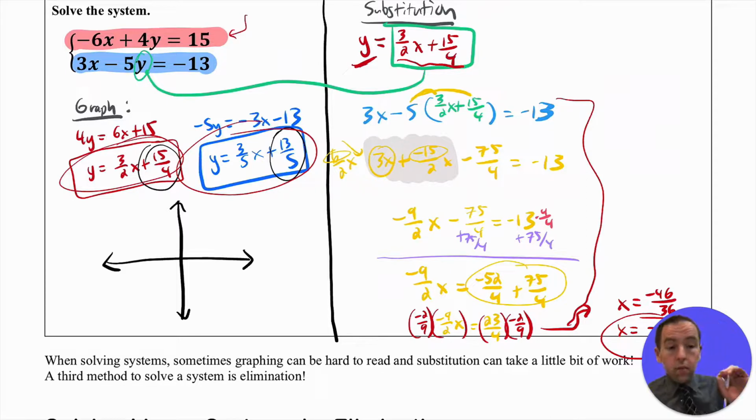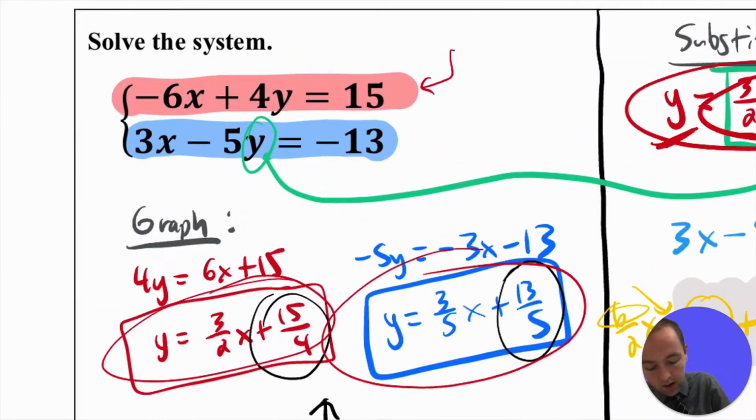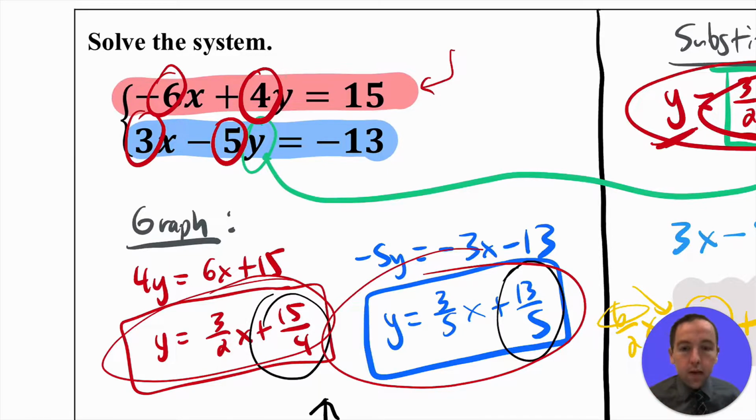I want to point out and help you make the observation that it became really messy because of right here, where we had all these fractions, and that tends to happen a lot when you've got numbers that are coefficients of the variables x and y that are not ones or negative ones.